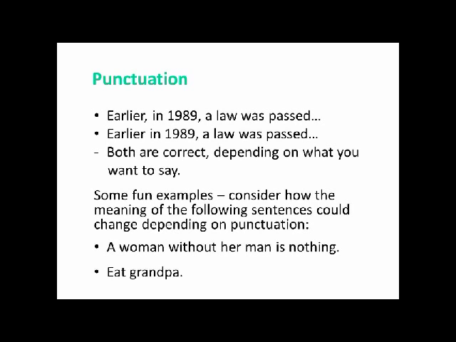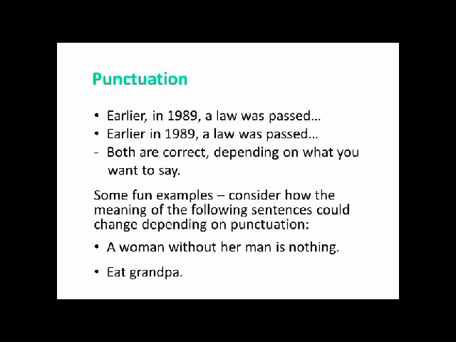That's where little things like commas can really change the meaning of what you're intending to say. Within the context of a sentence or a paragraph about a larger period of time, someone might have a sentence that says, earlier in 1989 a law was passed. So maybe comparing that with 1995 or something.